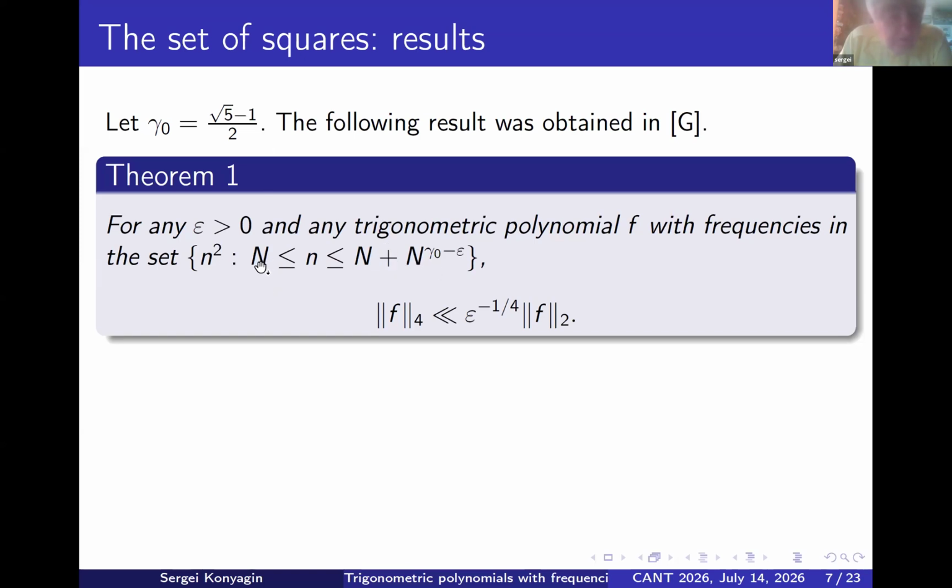If we have a segment from n to n plus 10 to the power gamma 0 minus epsilon, then the L4 norm of f can be estimated via the L2 norm of f, and here the coefficient is at most epsilon to the minus 4.